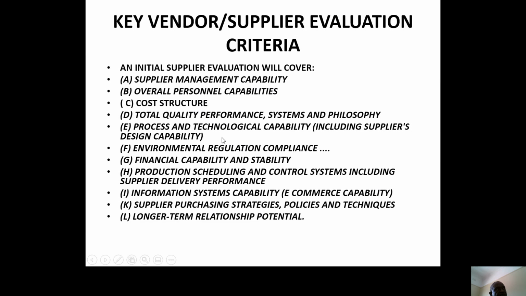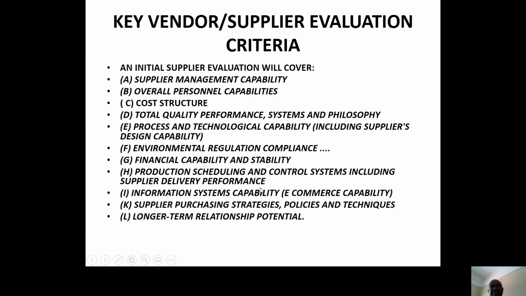Cost structure. Are they not too expensive for nothing? Total quality performance system, and their philosophy, mission, goal, objectives. Process and technology capabilities. Is our system able to talk to their system? Is there a synergy? Are we not having a problem? Environmental regulation compliance. This is important.